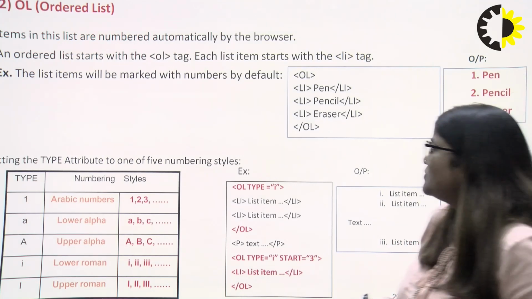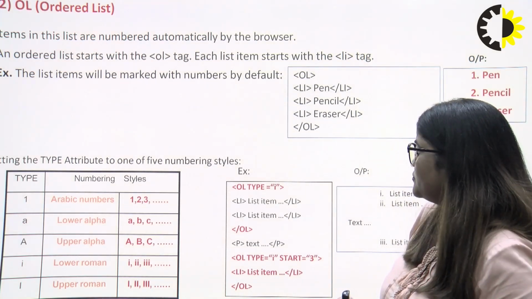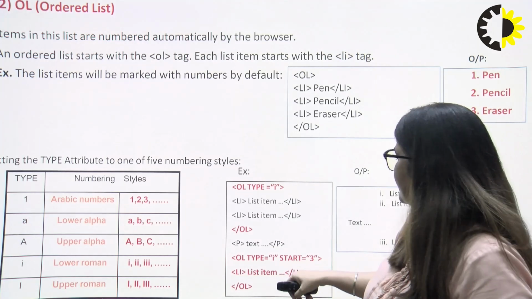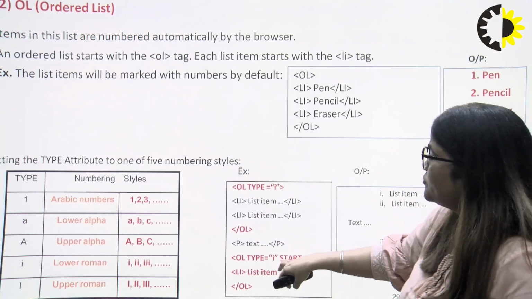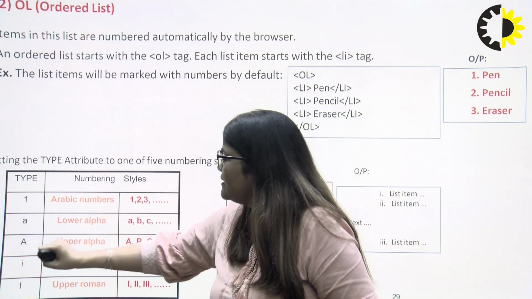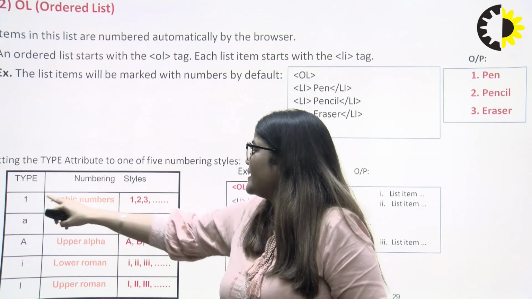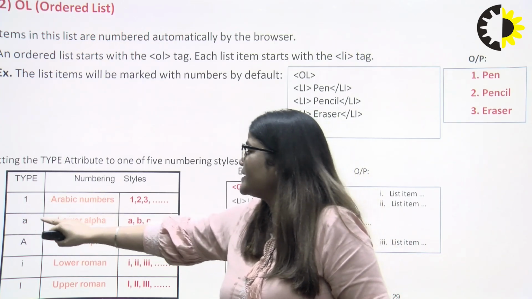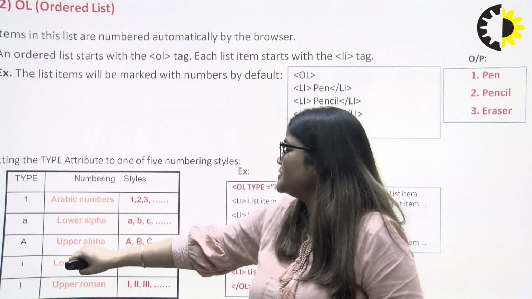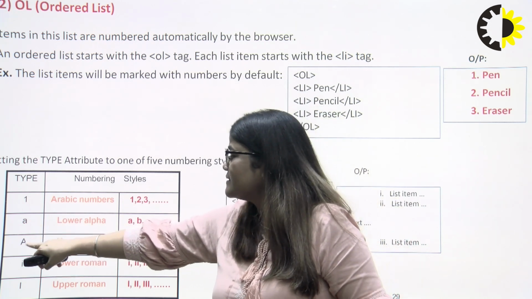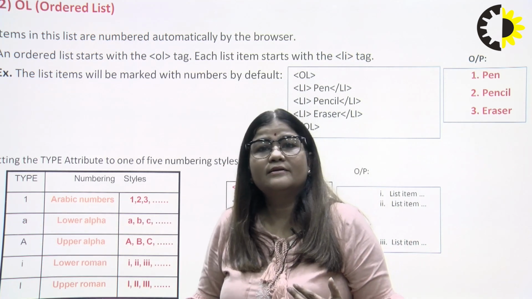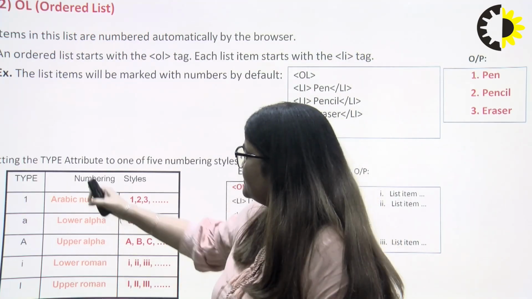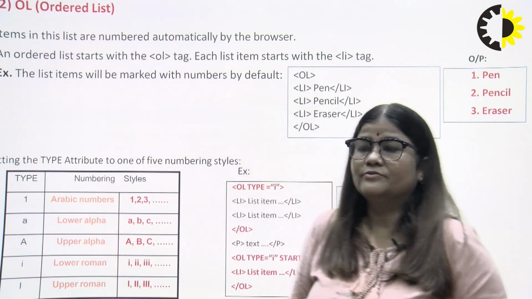Suppose I want to use Roman numerals, then I can use this I. If I want to start from 1, I can use Arabic 1. If I want lower alpha, I can use small a. If I want upper alpha, I can use capital A. So whatever style I want, I can change with this value.